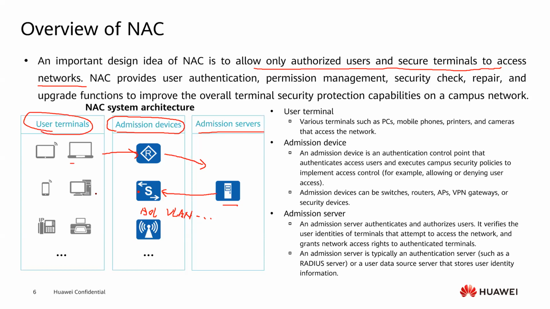So when terminals want to access our network, access control is done based on the authorization information such as ACLs or VLANs. So only valid terminals can access our resources. This is the basic architecture of NAC.